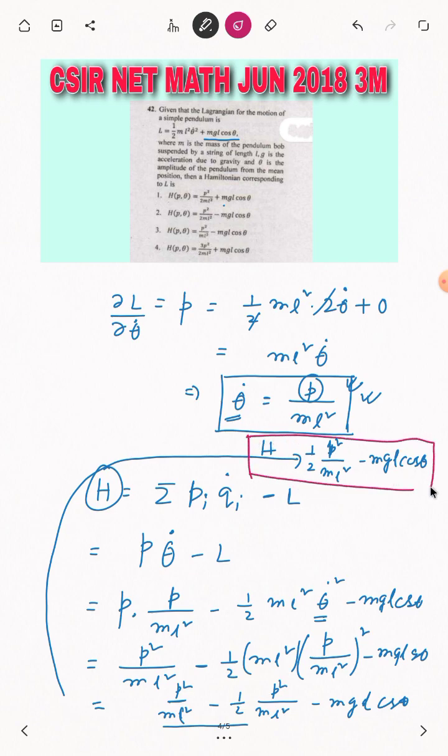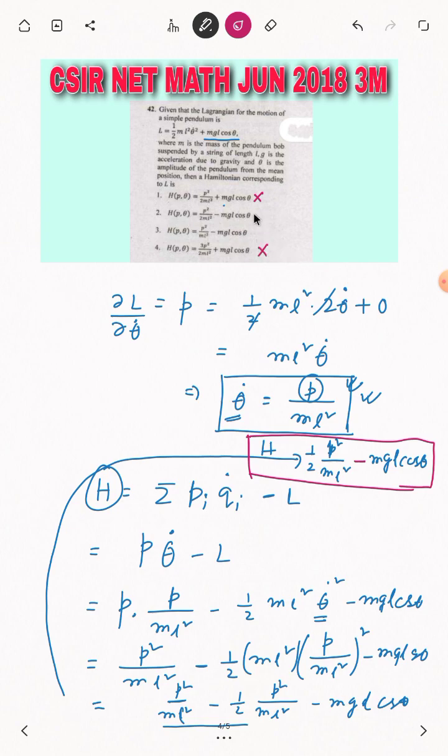Now, to which option will this match? This will obviously match the first option. Here we should have a minus sign on the mgl term. So in the options where there are plus signs, those will already be cancelled.